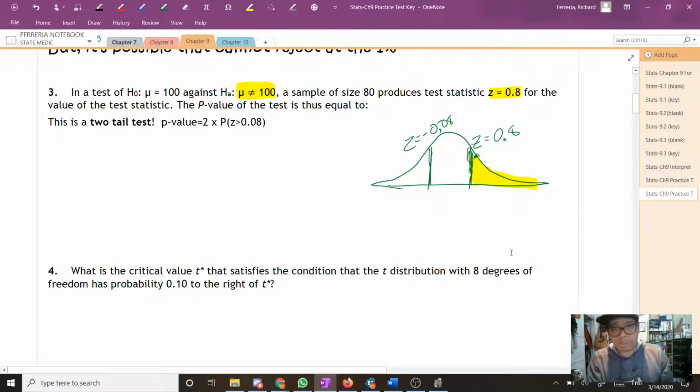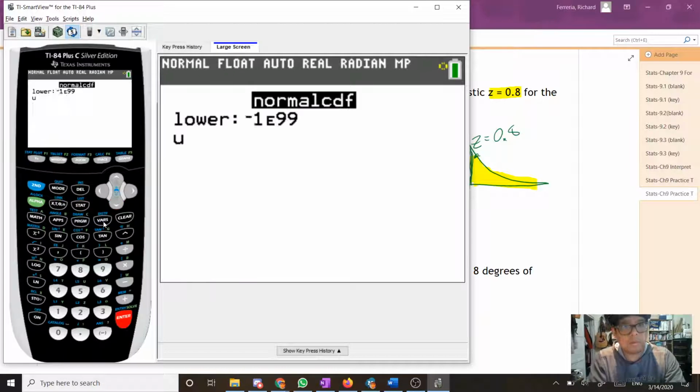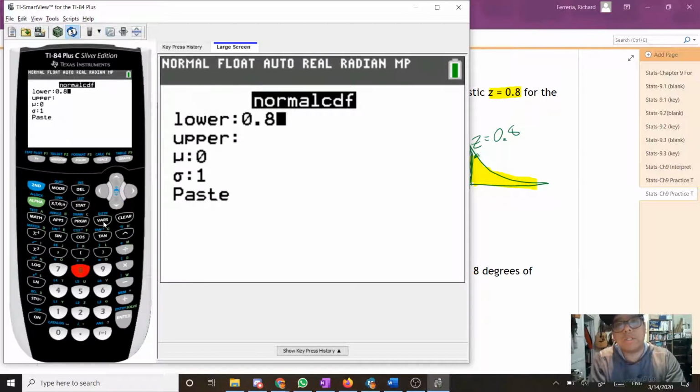So let's grab the calculator, and we're going to go to normal CDF. We're going to go from 0.8 to positive infinity. And I teach all of you to use 1E99.